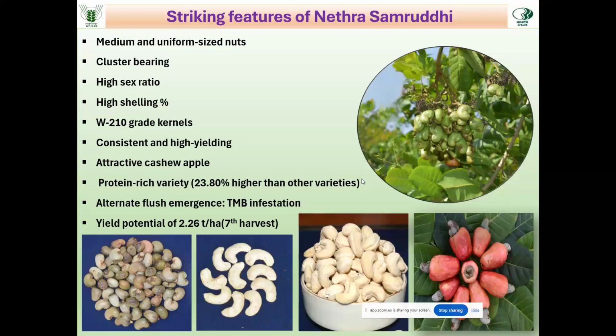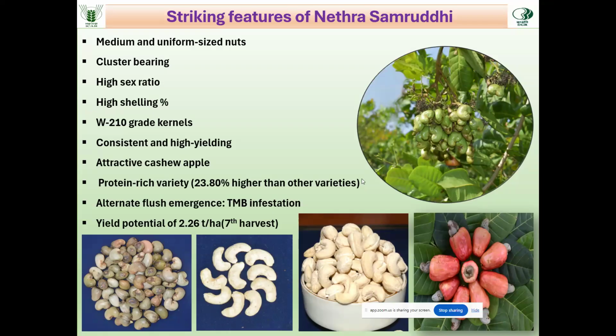When the tea mosquito bug infestation happens, the majority of varieties will not respond to it. After infestation, the infested part will dry and have a burnt appearance. In cashew, generally, in the current season growth, whatever comes, in that only we get vegetative growth as well as flower bud initiation.